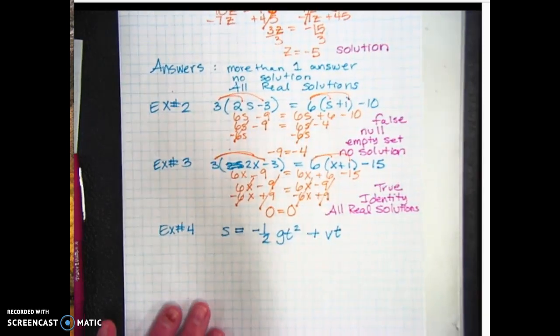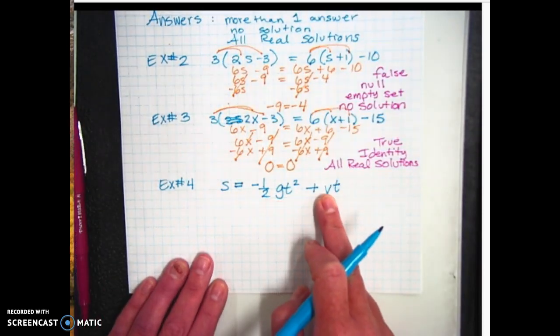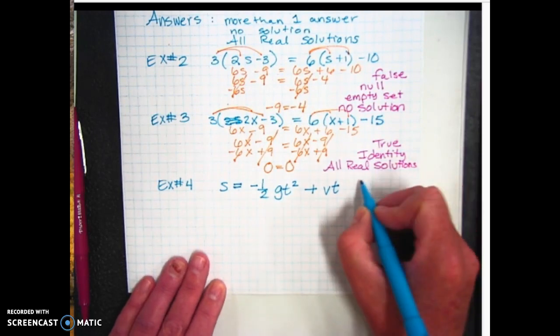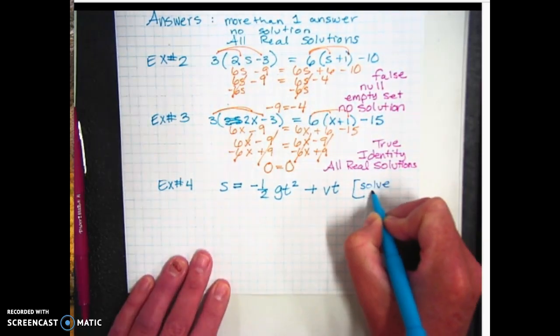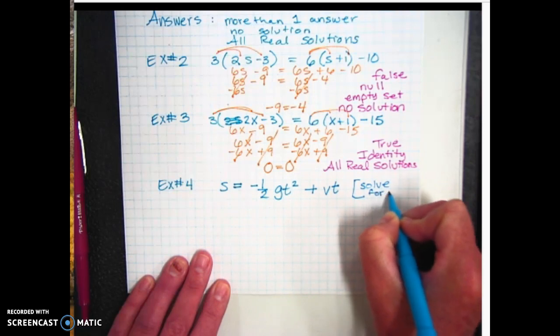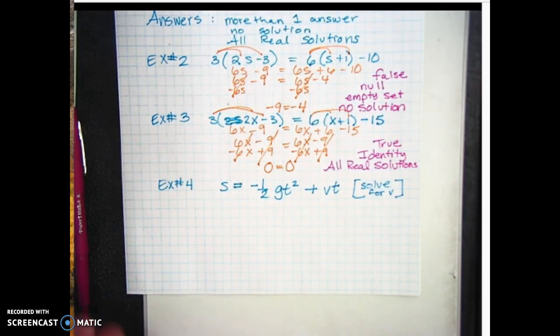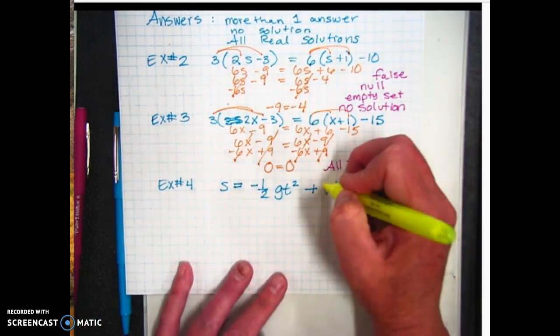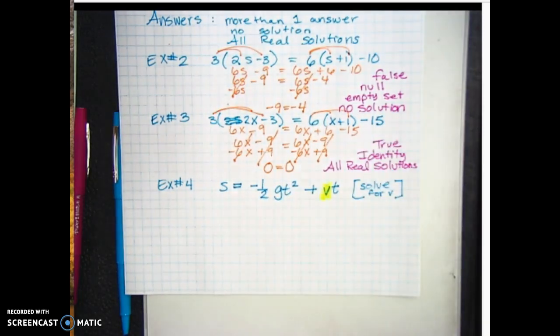And example number 4, we have a ton of variables. We have S, we have G, we have T, we have V, and T again. And so next to the problem, it'll say something like, solve for V as in Victor. Solve for V. If you have a highlighter, the best thing to do is to highlight that V, because that's what you want to get by itself.